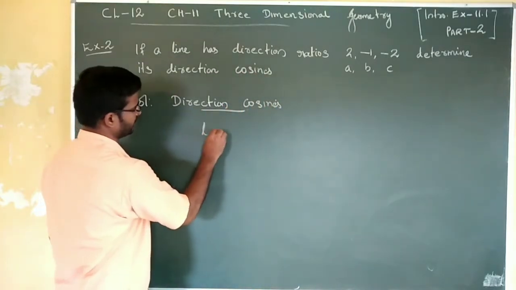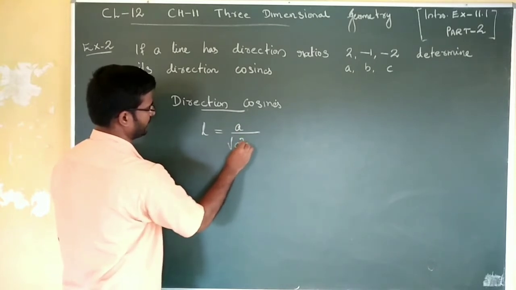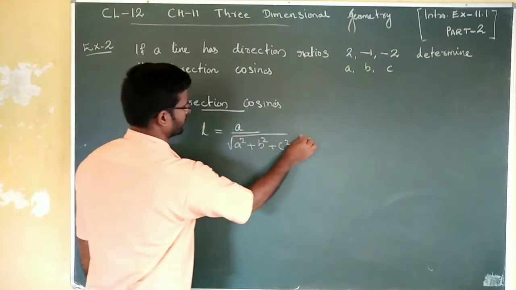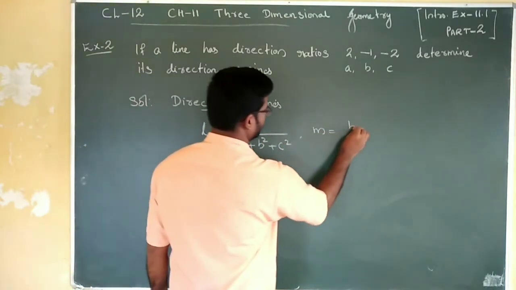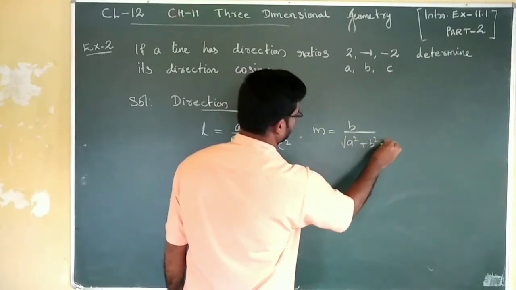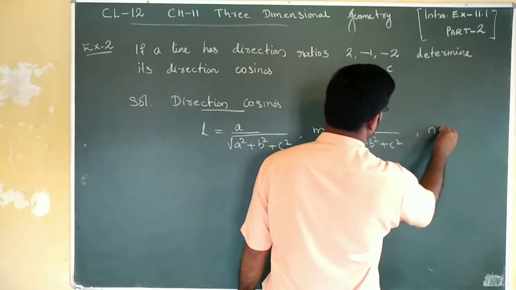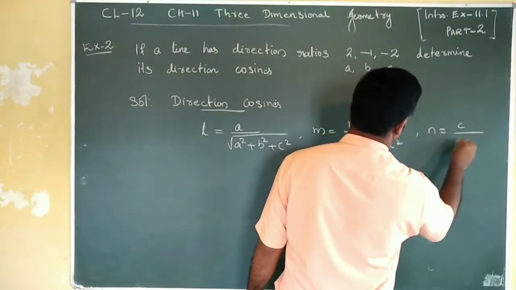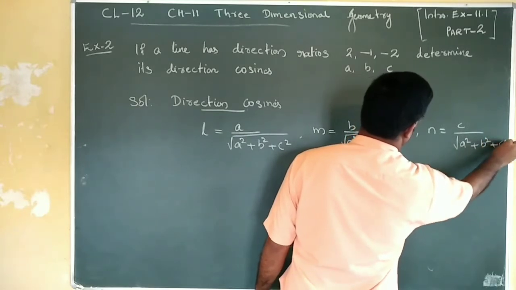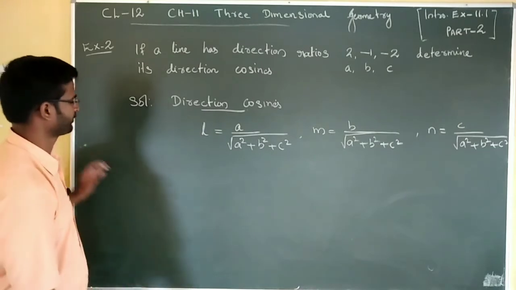That is l equal to a divided by square root of a square plus b square plus c square, then m equal to b divided by square root of a square plus b square plus c square, then n equal to c divided by square root of a square plus b square plus c square. This is the relation between direction ratios and direction cosines.